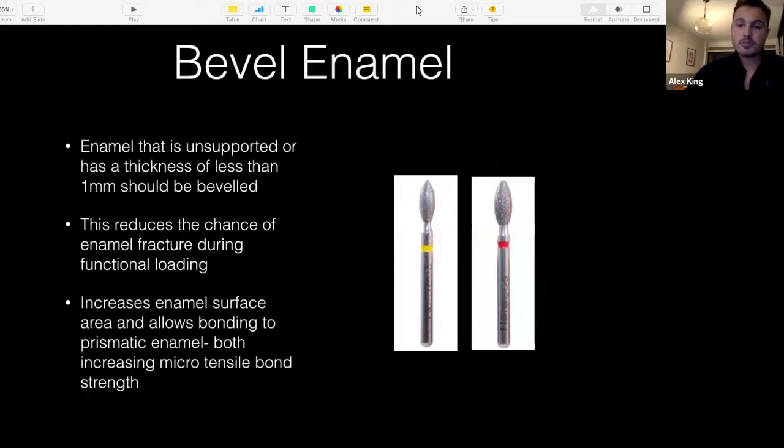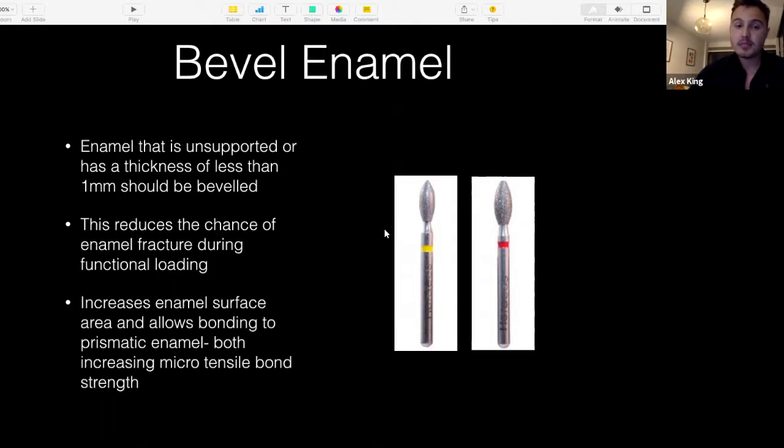So what we'll do now is move on to a discussion about beveling enamel. This was a new read for me as well. Originally we're taught to bevel the enamel in case there's any overhanging or unsupported enamel, which we should remove. And that's correct in a sense.